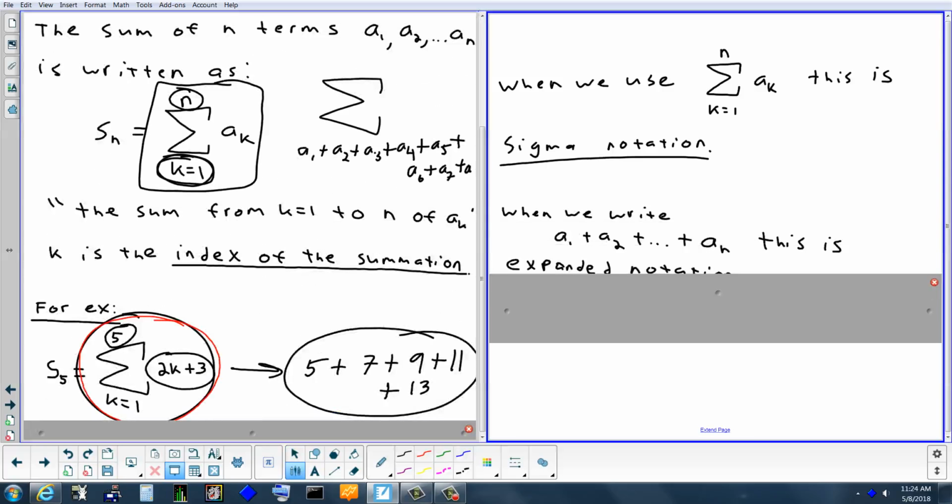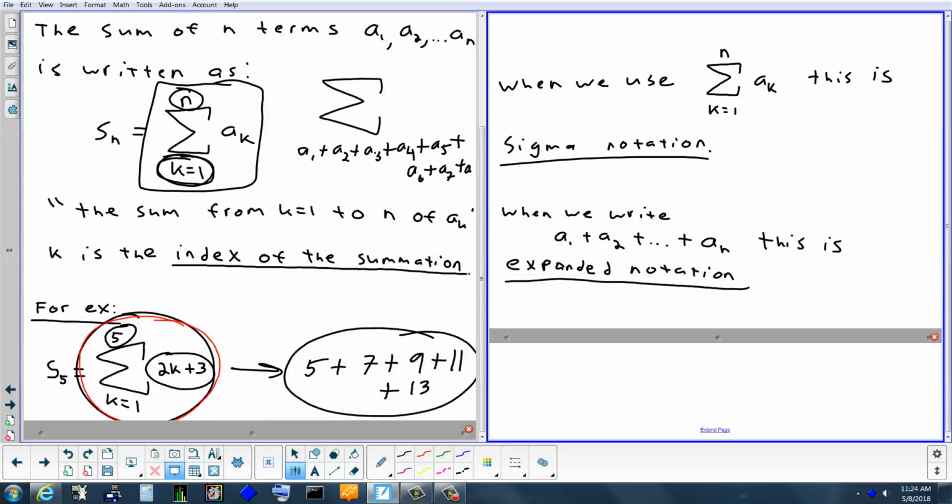What I have on the right, circled in black, that's expanded notation. Expanded notation is when you actually do it out. Okay? So in this problem we just did, the left is sigma notation, the right is expanded notation. Any question on the difference between the two there?